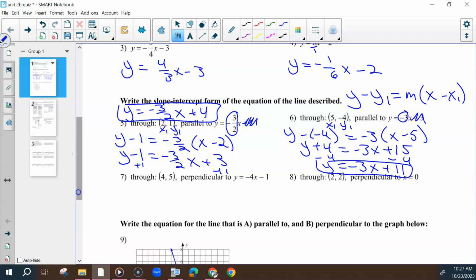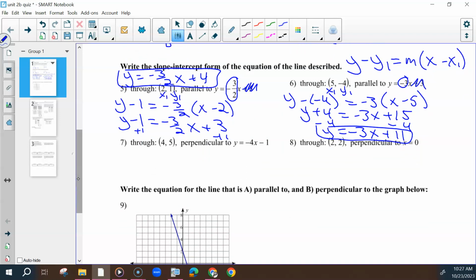Questions on that one? Right, 7 was hit or miss. If you did not change this slope to positive 1/4, the rest of your work was wrong. So you have to do this first, and then do that same formula. So y minus 5 equals 1/4 times x minus 4.